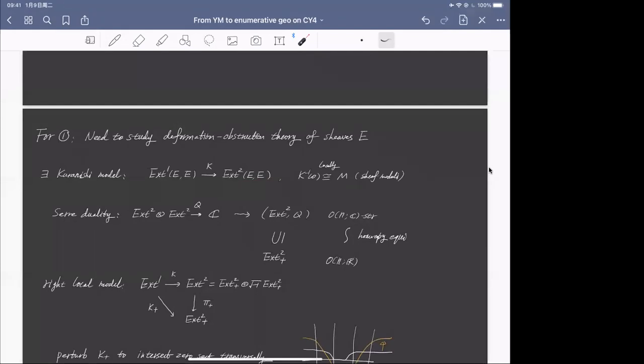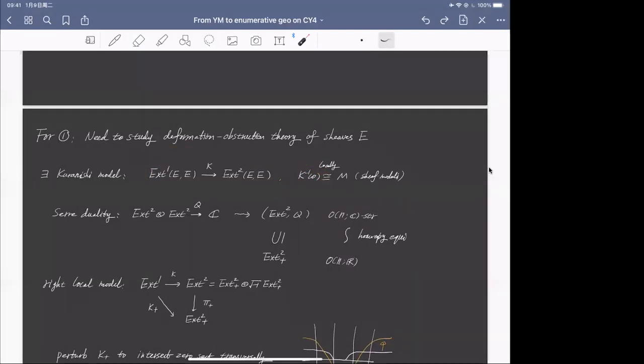There's some distinguished algebraic or holomorphic map kappa, such that the zero locus of this map is isomorphic to the moduli space locally. This is the moduli space of sheaves or bundles, whatever we are interested in. So this is a local isomorphism. Although the moduli space may be constructed by some abstract tool like geometric invariant theory, the local structure can be described quite clearly by this local coordinate model.